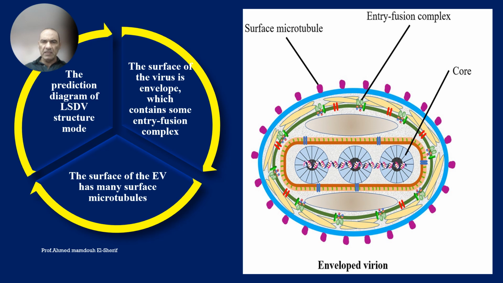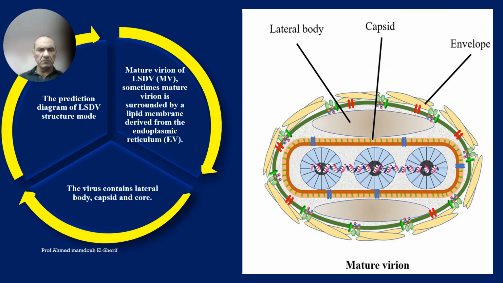This is shown in green in the second layer of this picture, while the surface of the enveloped virus shows many surface microtubules, shown in violet. The core of the virus is blue, which contains the genomic structure of the virus.